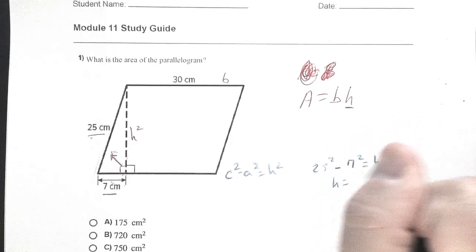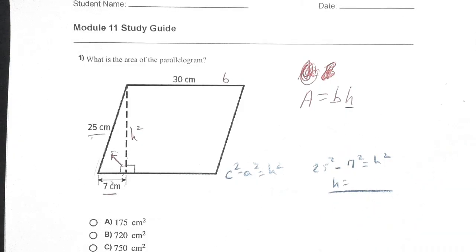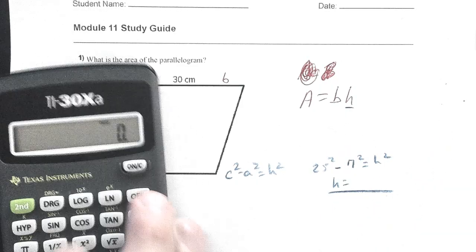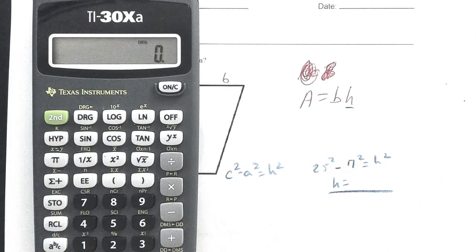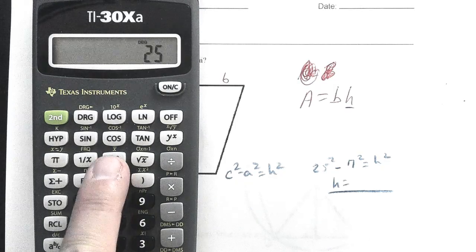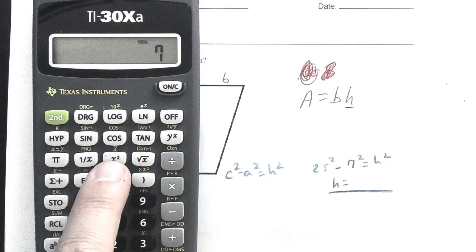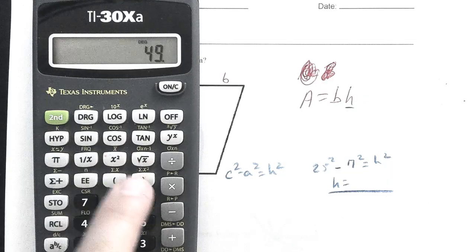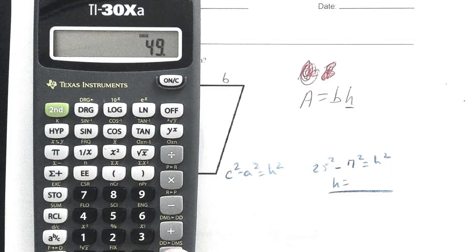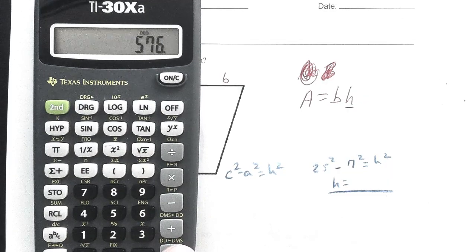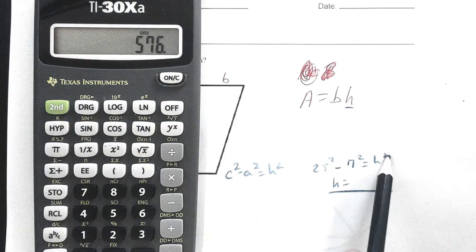We're going to look at the calculator. 25 squared minus 7 squared, and hit the equals button. All right, so that's the height squared.